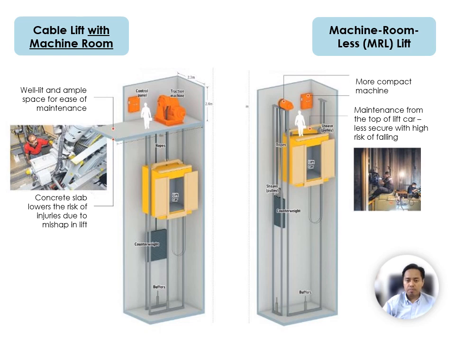Whereas the second type, machine roomless lift, means the motor will be attached together with the lift car. So in this case, the building doesn't need to have a machine room on top of the lift core.